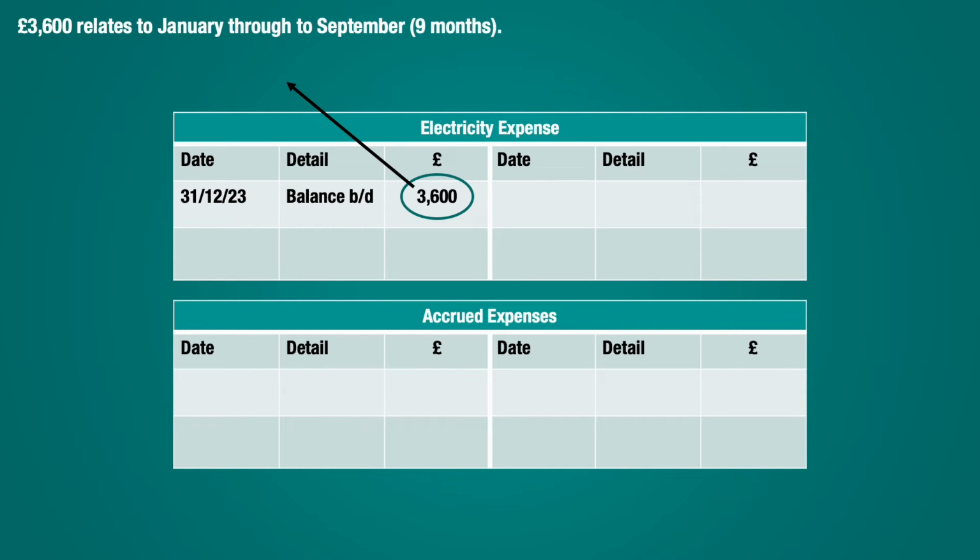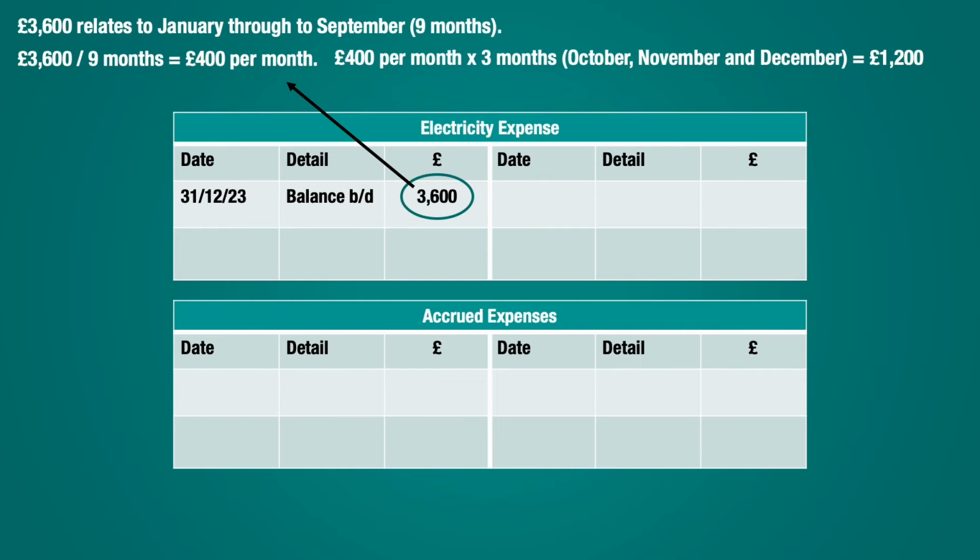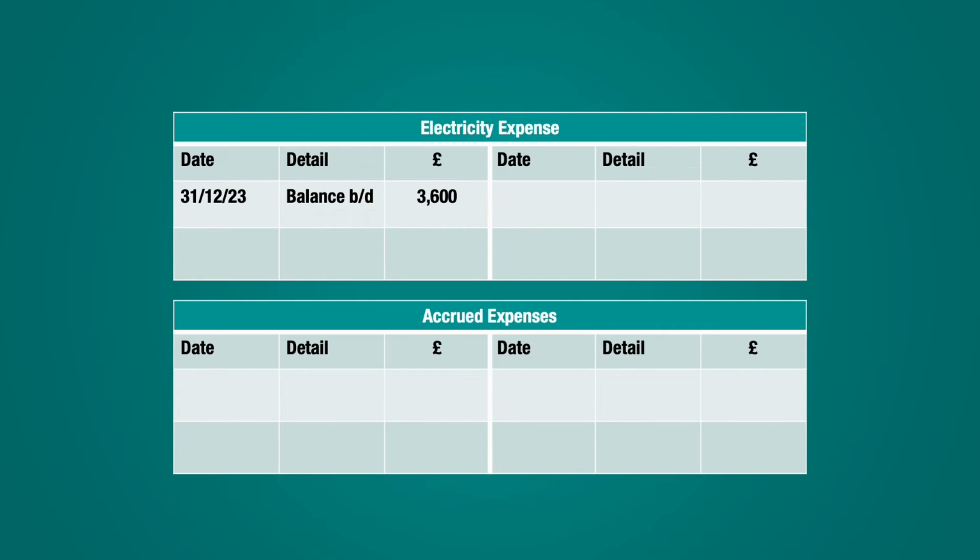We can therefore divide this by the 9 months to get the monthly amount of £400. As the business is missing amounts for October, November and December, we multiply our monthly amount by 3 to get the amount that needs to be accrued, which is therefore £1,200. We then debit the electricity expense by the accrual amount of £1,200 and credit the accrued expenses account for £1,200.